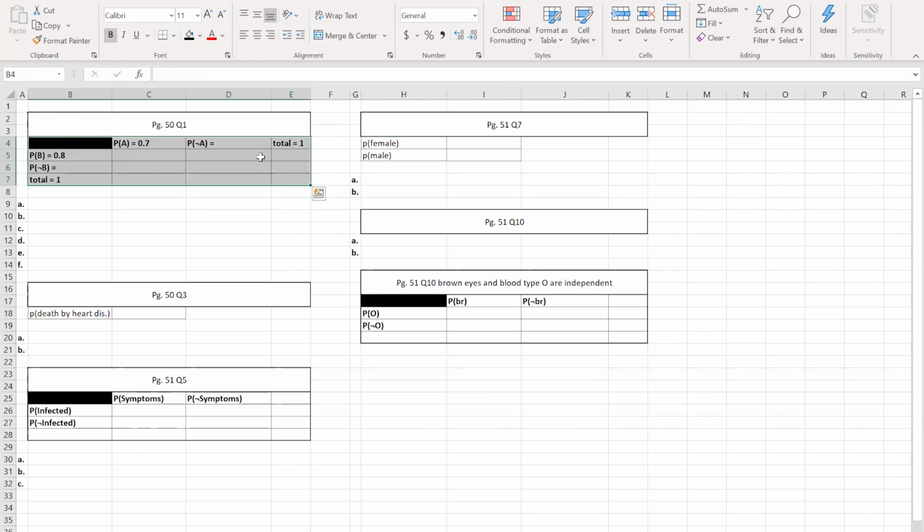It helps organize everything. Not all questions are set up easily to use them, and not all questions need them. But in a lot of cases, you will find that making a table like this, if I don't provide one for you, is going to help you a lot with solving these problems.